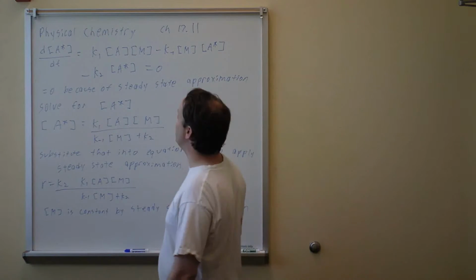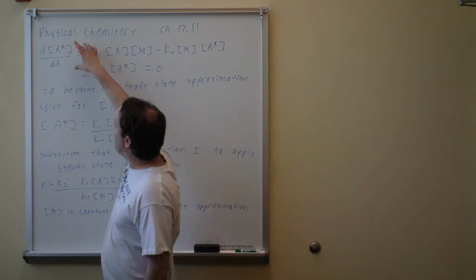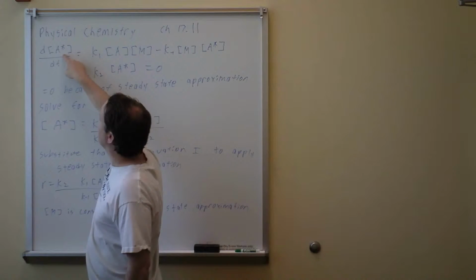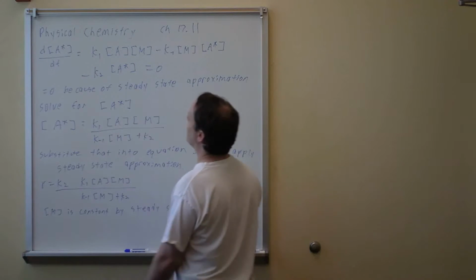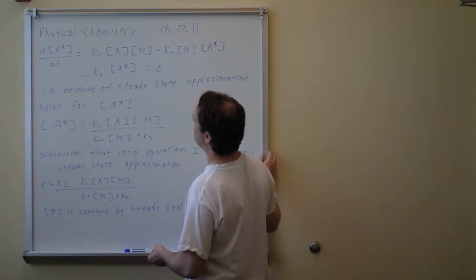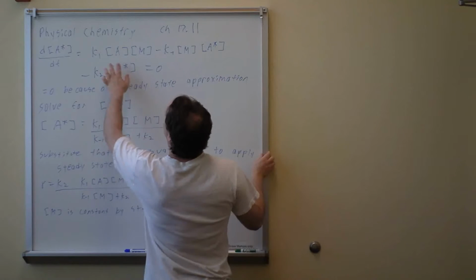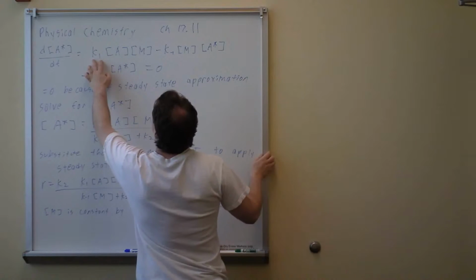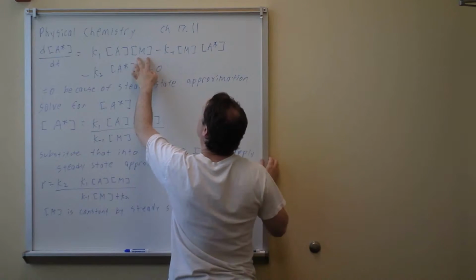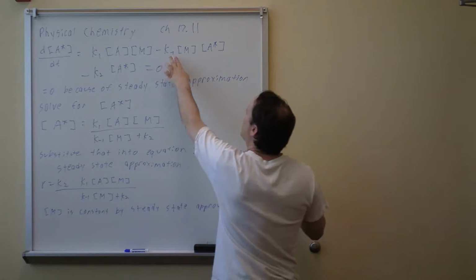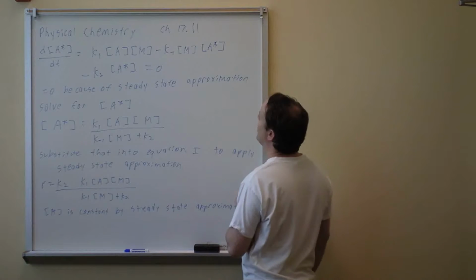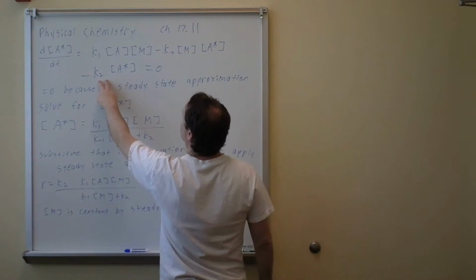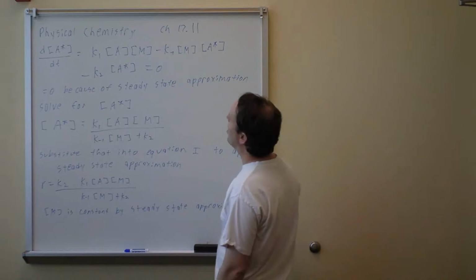So now we're going to apply the steady state approximation. We have that quantity, the differential of the concentration of A star with respect to time. Remember, A star is the higher energy form of the reactant. So we're going to take K1 times the concentration of A times the concentration of M, subtract K minus 1 times the concentration of M times the concentration of A star, and then subtract K2 times the concentration of A star.